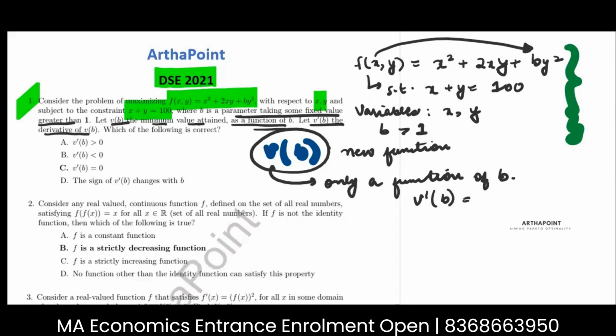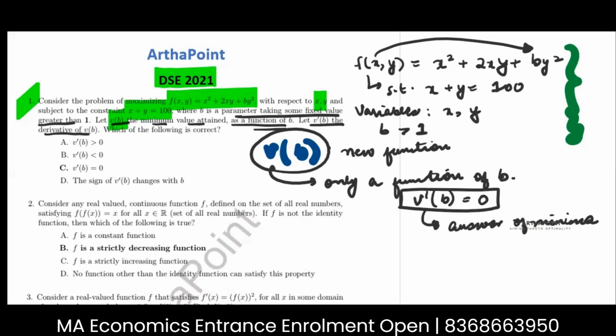Whenever you have to minimize, because v(b) is the minima, whenever you have to minimize any function, what do you do? You find its derivative and you equate it to 0. Only that gives you the answer of the minima. Isn't it?